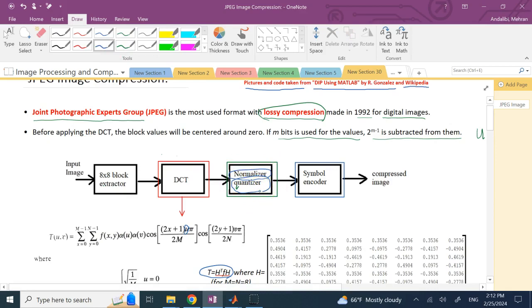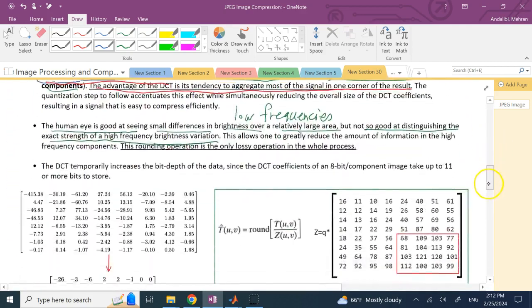This is the part where the high frequency components will be converted to zero, and the lower ones converted to something that the computer can easily store as a bunch of zeros and ones, and then we'll see how we do the final stage of the encoding. So now we're going to talk about normalization and quantization.